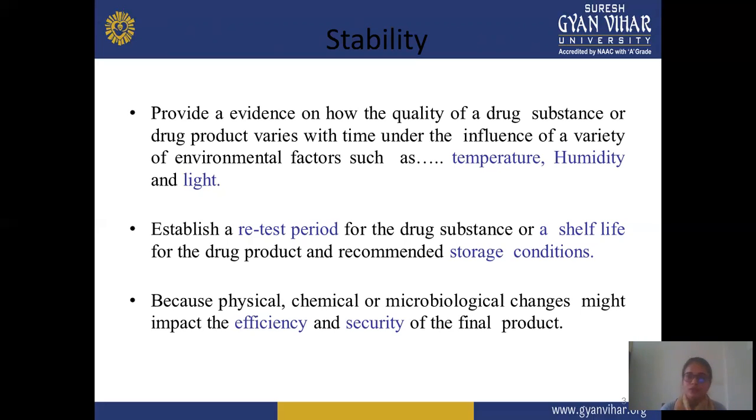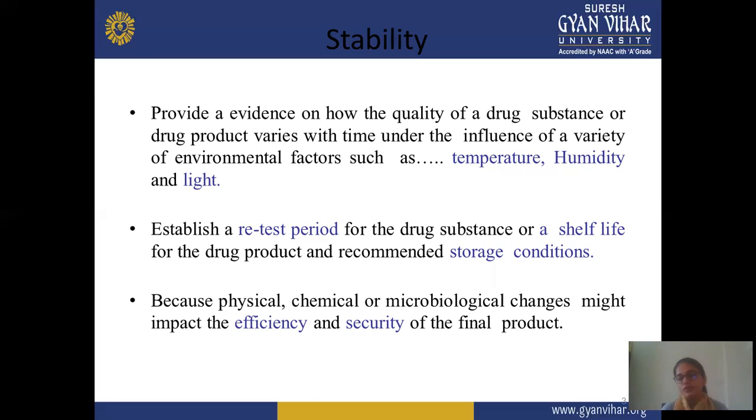With the help of this study, you check whether the drug substance, drug product, or formulation may be influenced or show certain changes by the presence or change of environmental conditions, which may be temperature, humidity, or light. Certain formulations are good during storage and reach their expiry date when stored properly.